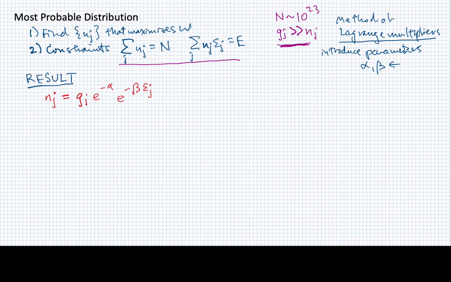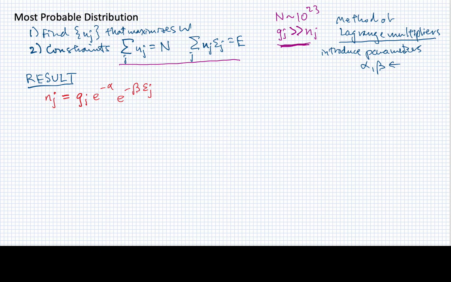This looks like a deceptively simple result, but we'll see that it is incredibly powerful. As we explore it more, we'll find it is an amazing formula that allows us to calculate all kinds of things about different sorts of systems.